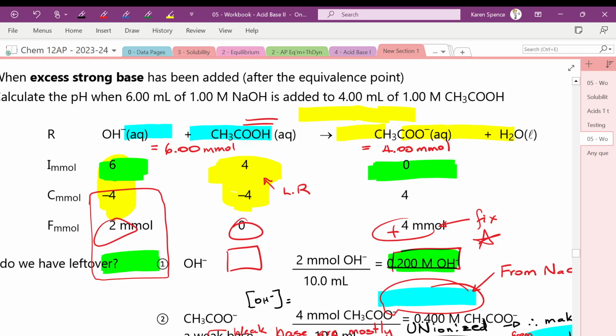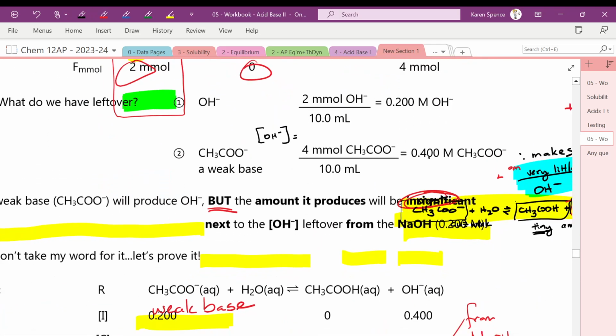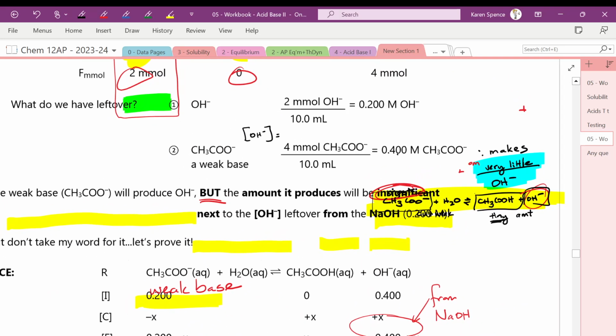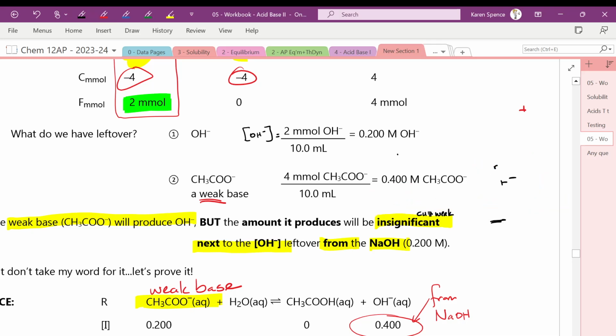Because we have 0.2 molar for the base, and then in the rice table I ended up with 0.2. Did I get them backwards in the rice table? Oh, okay. So I've been correcting a correction that was uncorrected. Dear God. No, it's because I did this question like 7 times and I kept putting things in the wrong place.